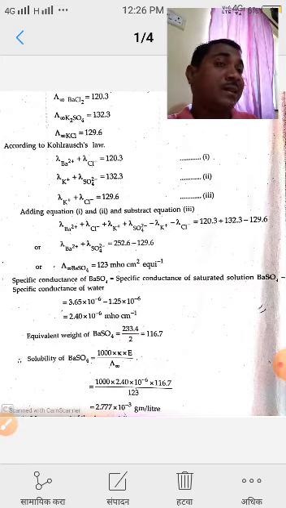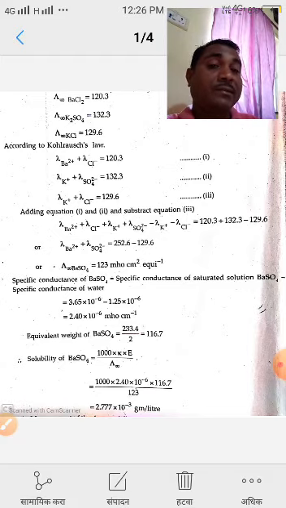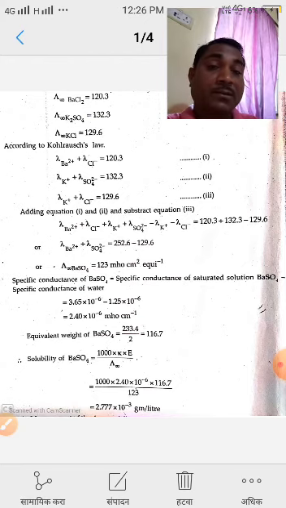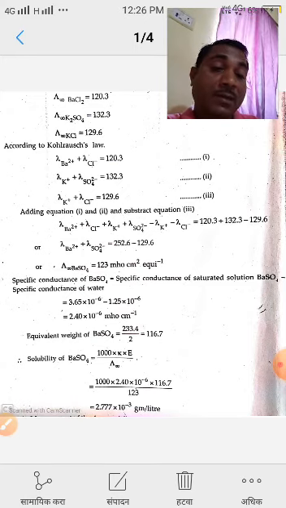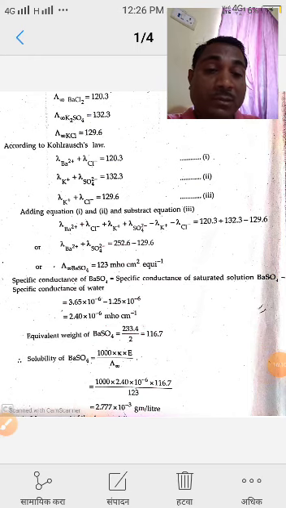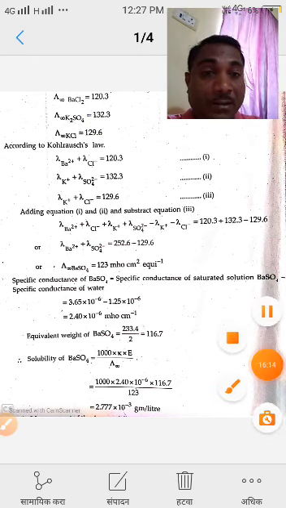The first application is to find the equivalent conductivity of a weak electrolyte, and in the second application we explain the determination of the solubility of a sparingly soluble salt. Now this video stops here, and thank you.